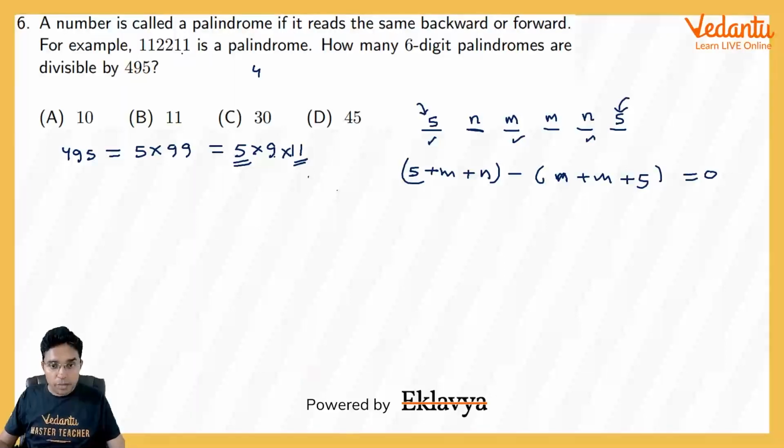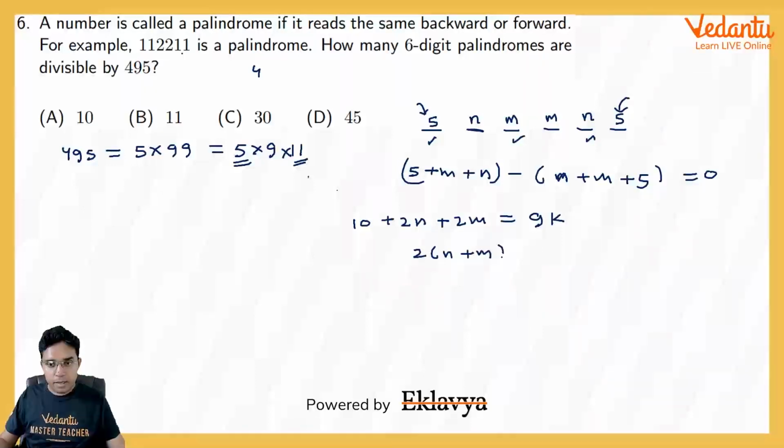Now, to make this a multiple of 9, we have to make sure the sum of all the digits, so 10 plus 2n plus 2m, has to be 9k, a multiple of 9. So with the 2 common, n plus m has to be (9k minus 10) over 2.